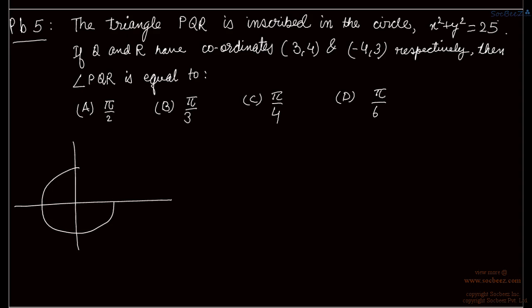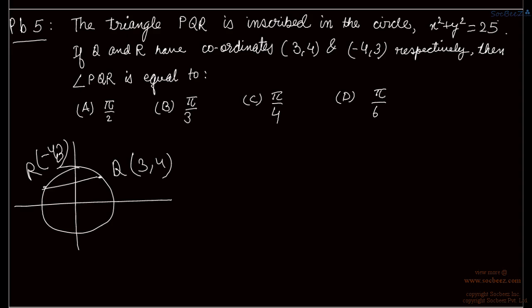So we have a circle. Say this is a circle, x square plus y square is equal to 25. We have the point (3, 4), and this is the point (-4, 3). This is point Q and this is point R. Okay, (3, 4) and this is the point (-4, 3). Okay.